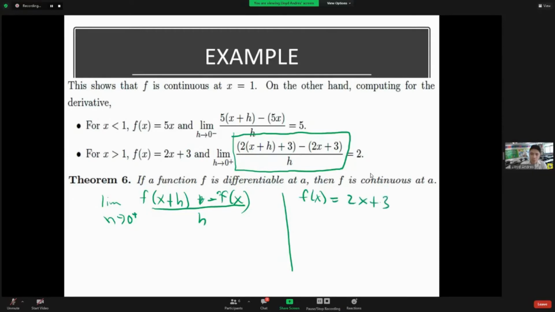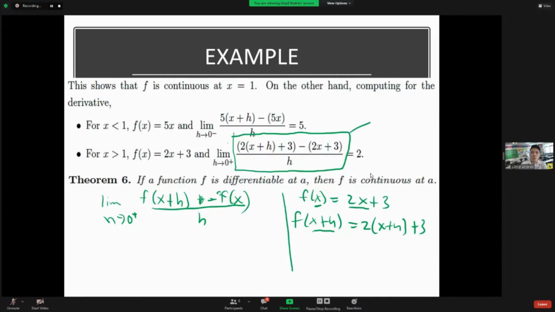Then, kailangan po nato si f of x plus h. So, sa pasabot ana, tanang x diri, pulihan lang nato og x plus h. So, kay 2x man na, himo na to 2 times x plus h. Tapos, copy lang si 3. So, mao na karon kung asa ni gikan ning naka-box.